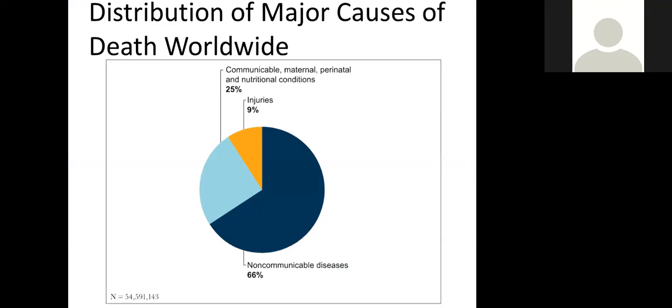This is how we see the fate of a lot of our non-cancer patients when they have this disease. This is a global picture, not my personal view, of how people die. Look at this picture: 66% of deaths worldwide are because of non-communicable diseases.